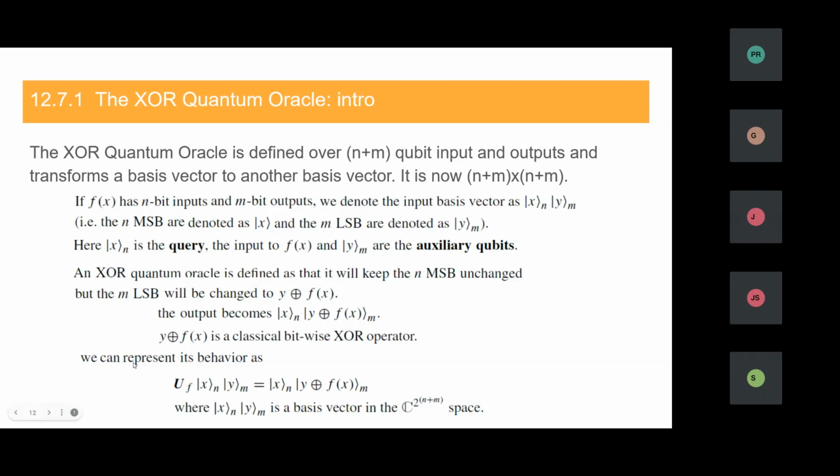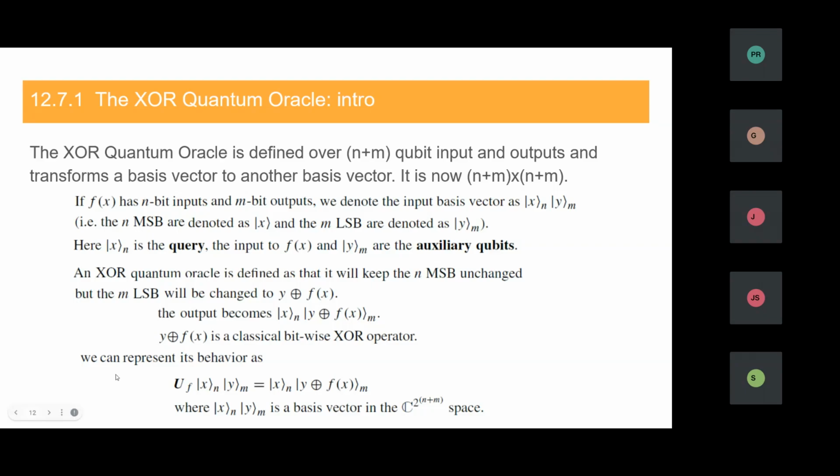So this is an enlarged representation of what we discussed earlier. Here you have x^n, n bits, y^m, m bits, and the function operating on this input basis vector will produce an output basis vector, x^n and y^m bits, but y is not as it is, y is operated by f of x.